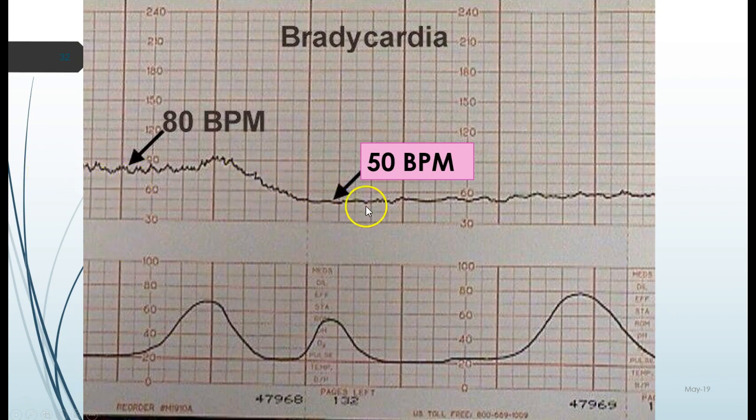But it takes a nosedive, and so we'll look at this, and this is hanging out in the 50s. Occasionally, maybe 55 right there, 55 right there. But if we were to draw a straight line, the place it hangs out the most is at the 50 beats per minute. This kiddo's in trouble and he needs some help. And you're going to learn to know exactly what to do when you see this strip.